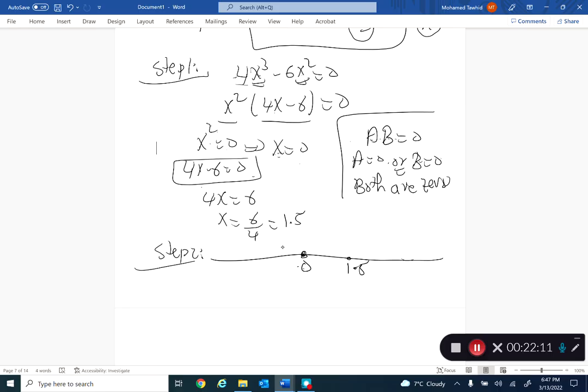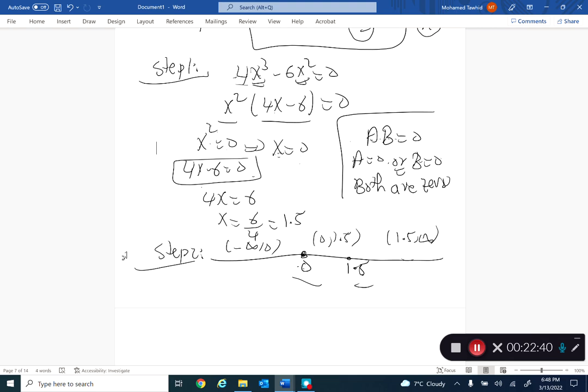I put 0 here, and 1.5 here. Those two numbers divide the entire real line into how many sub-intervals? Three: from minus infinity to 0, from 0 to 1.5, and from 1.5 to plus infinity.